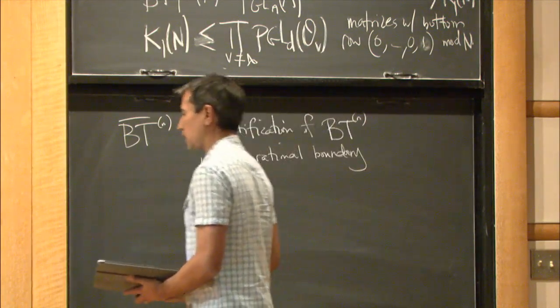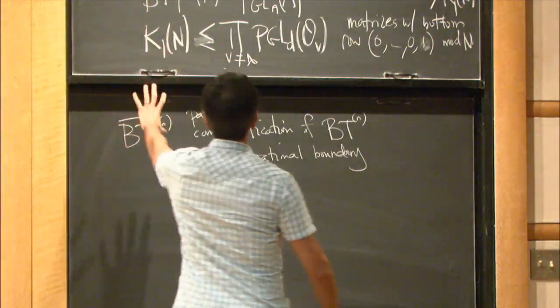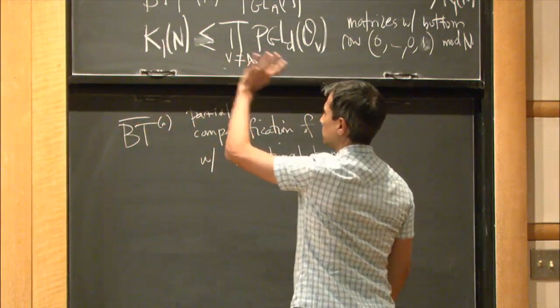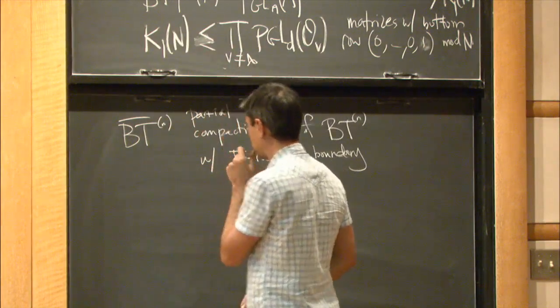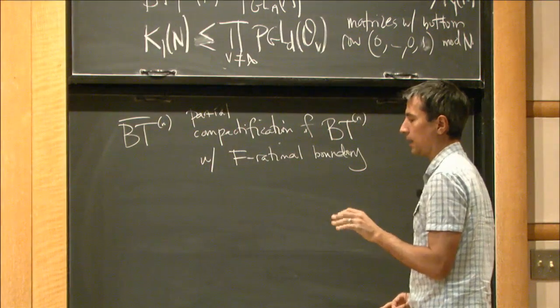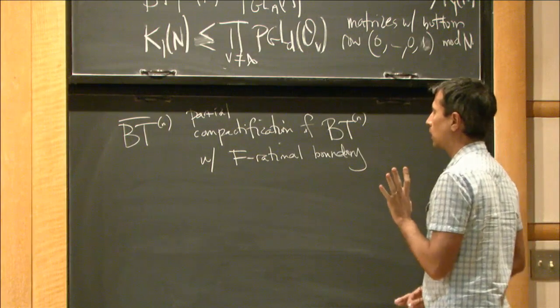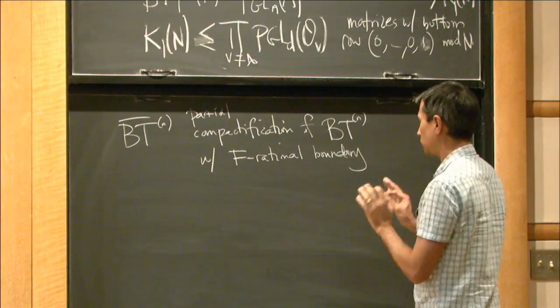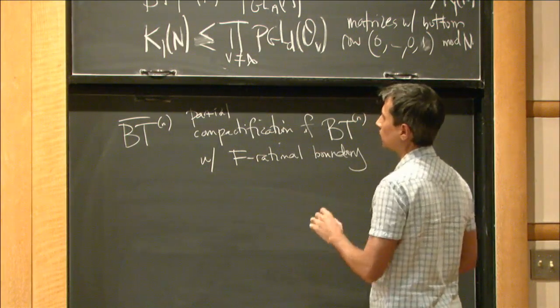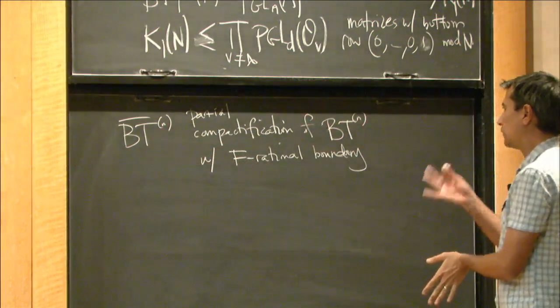In fact, there are true compactifications of these Bruhat-Tits buildings given by Werner and Jardine and Langvogt, which are just compact. Now these things are not compact, but the point is they're good for taking quotients.